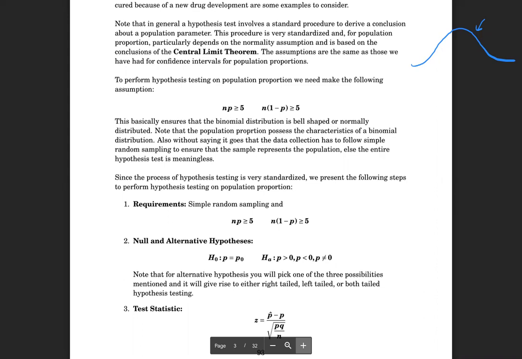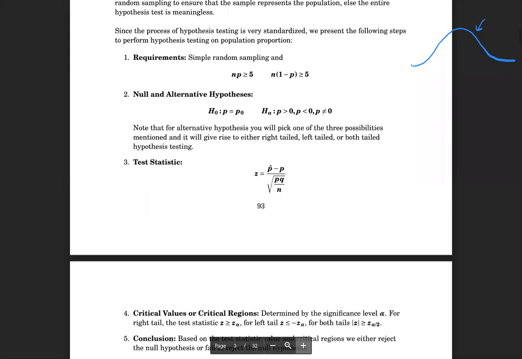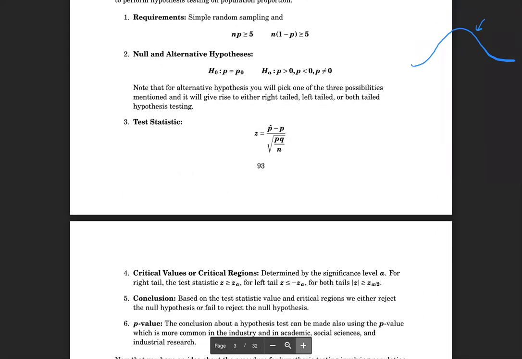Now, the requirements that I talked about are 5 or 6, I think 5. One is that you ensure the sampling distribution is bell-shaped. The way you do it is by ensuring that n times p is greater than or equal to 10, where n is the sample size and p is the population proportion. Change that number to 10, please.